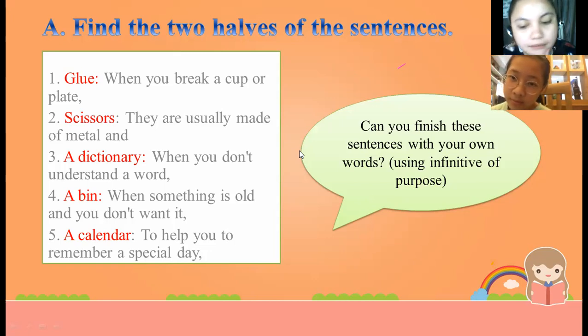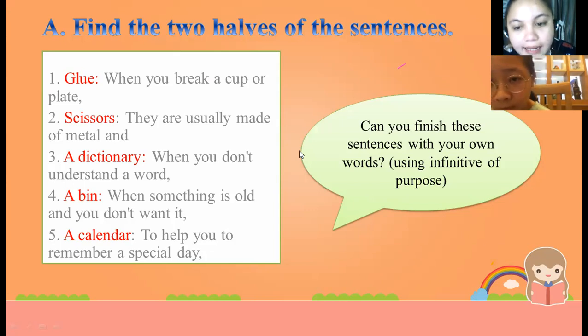How about calendar? To help you to remember a specific day, a special day, you can look up at the calendar.